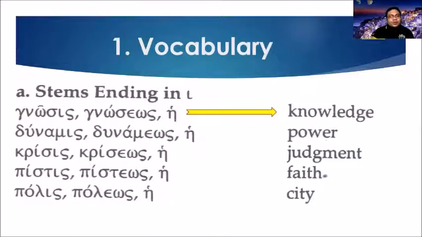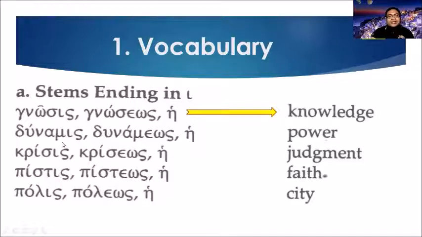We have first the stems ending in iota. First is the word gnosis. We can see the stem here is gnosi. It ends with iota. In the genitive ablative, it becomes gnoseos. That means knowledge. By the way, all of these are in feminine form.